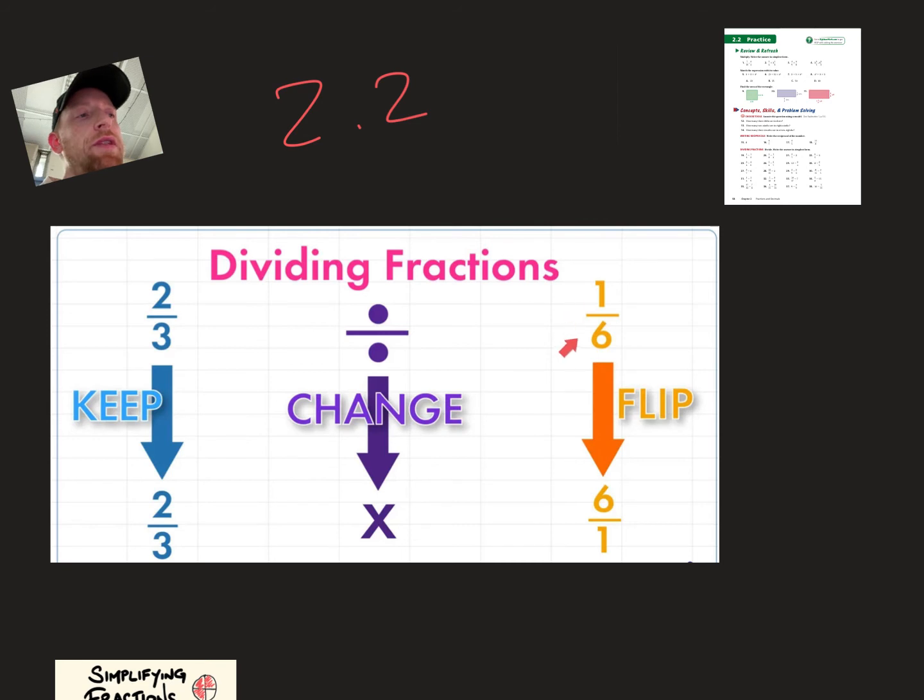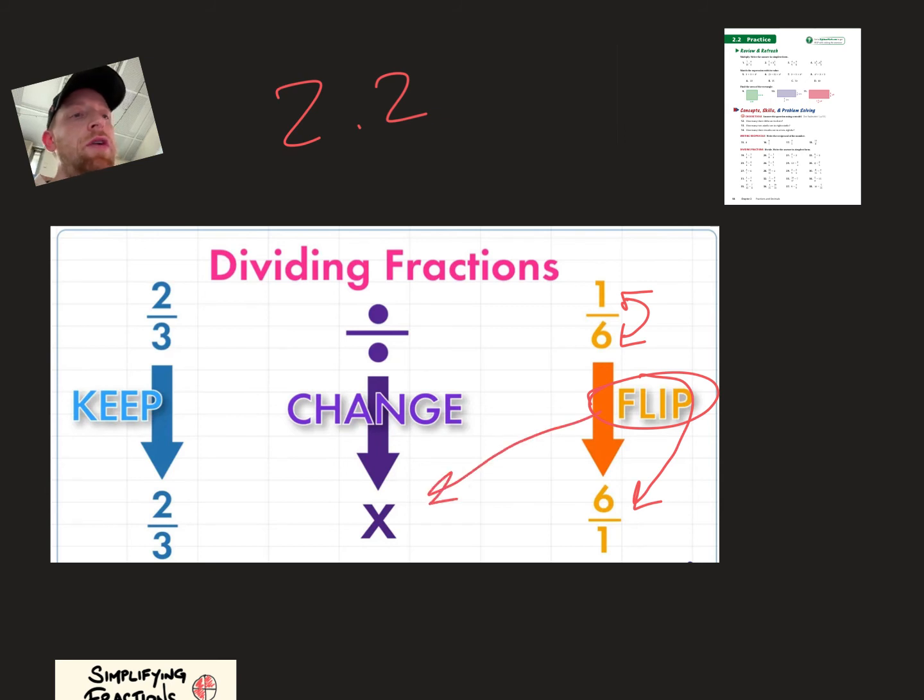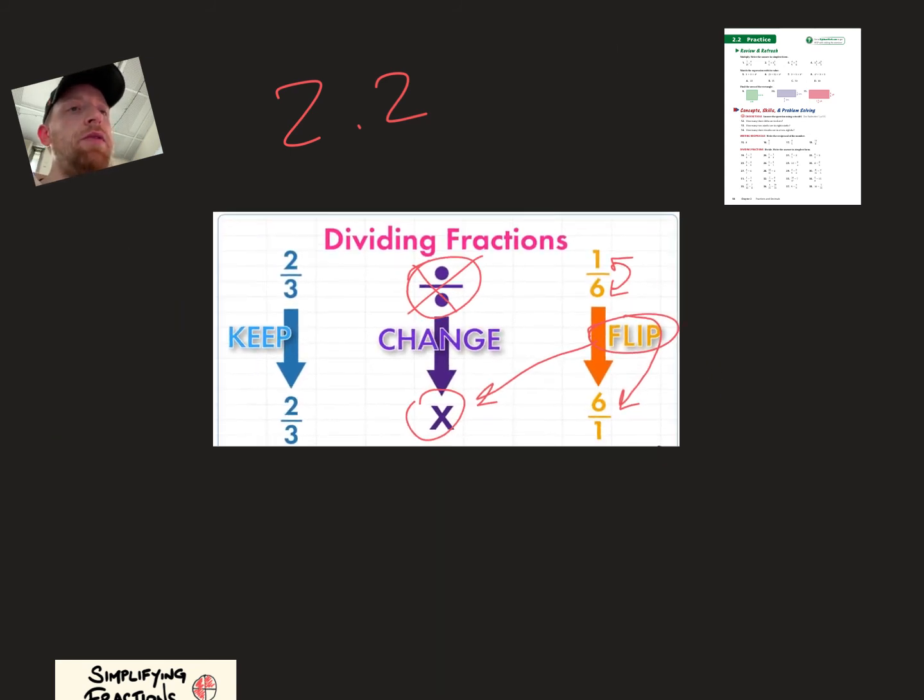So 1/6, if you flip that, you end up getting 6/1. Once you flip, then you're going to change your operation from division to multiplication. Those are the two steps.